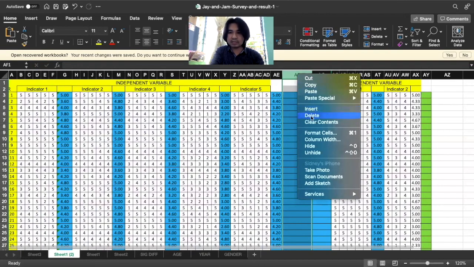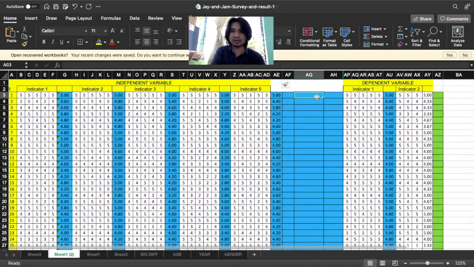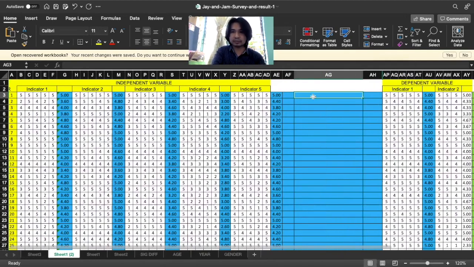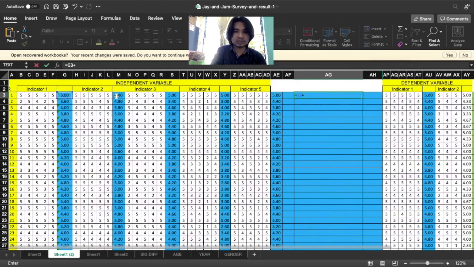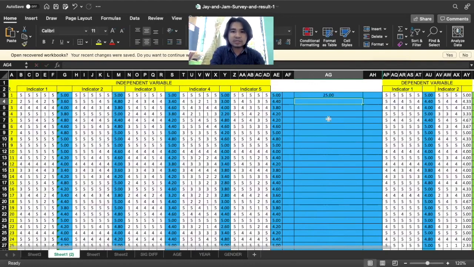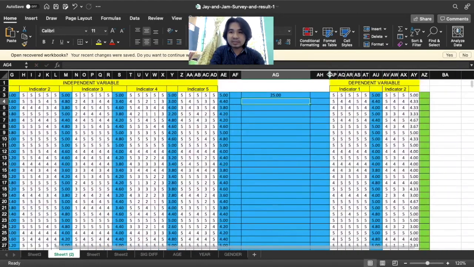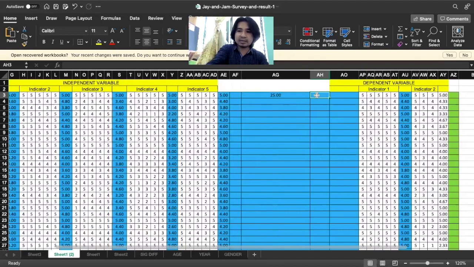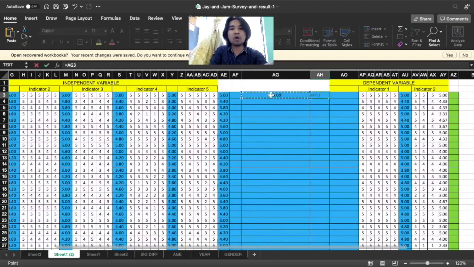Let's add cell. Insert. So equal sign, this one plus this one. And that would be, so that's 25. This would be divided by how many indicators?